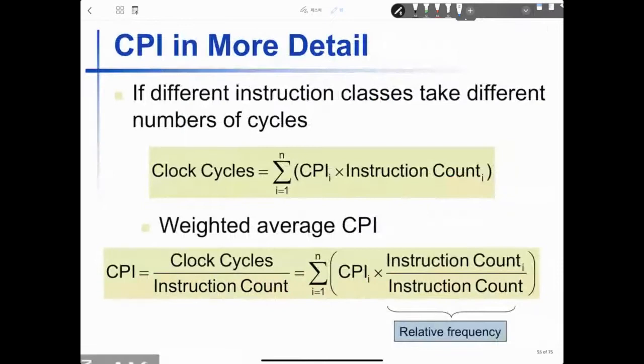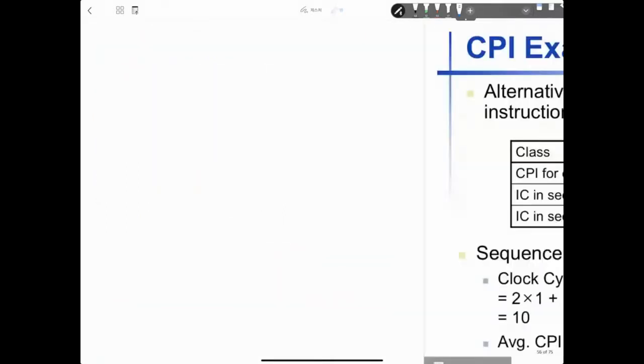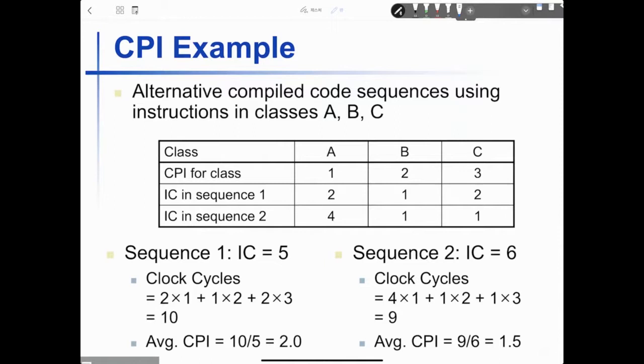Okay. So now you're understanding the CPU time, and you also know about the average CPI, right? So let's look at this CPI example. Here, we have 3 instruction classes, A, B, C. For instance, this is addition, this is multiplication, and this is division. For each instruction class, the CPIs are different. For A, it takes 1 cycle. For B, 2 cycles. C is 3 cycles.